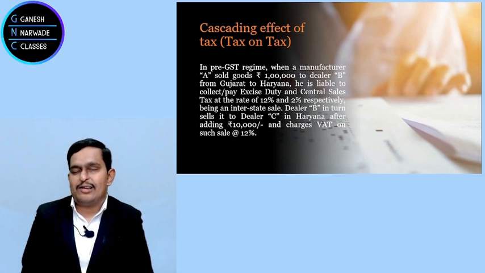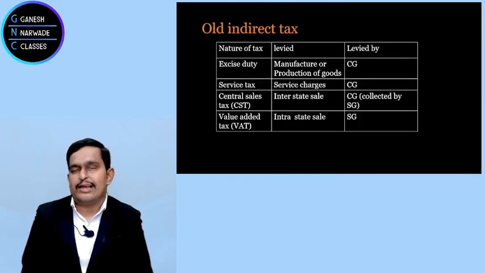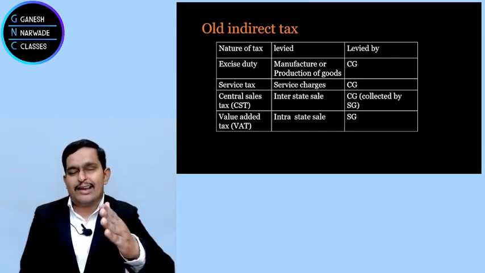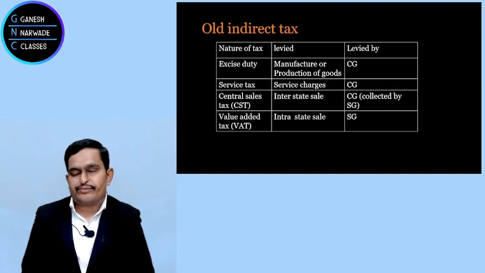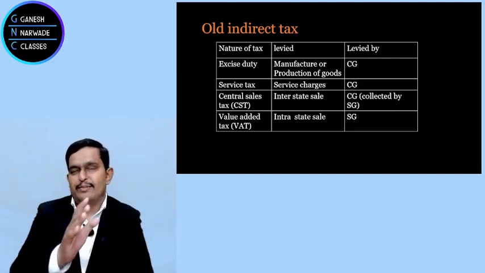VAT, tax on intrastate sale within a state, like from Hyderabad to Nizamabad, then the state government can levy. Service tax, central government, on any service rendered in any place in the country. Okay, nice, understood. Now some taxes are levied by the central government, some taxes are levied by the state government.